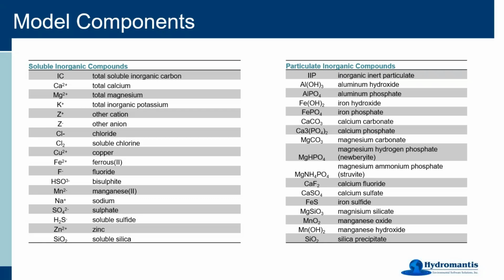It helps you understand the source of these solids. Is it part of the chemicals that I'm feeding, or is it from the input coming from the influent itself? There are a number of them, and these are the most important ones that we listed for water treatment plants, but there could be others that could be further added into the system.